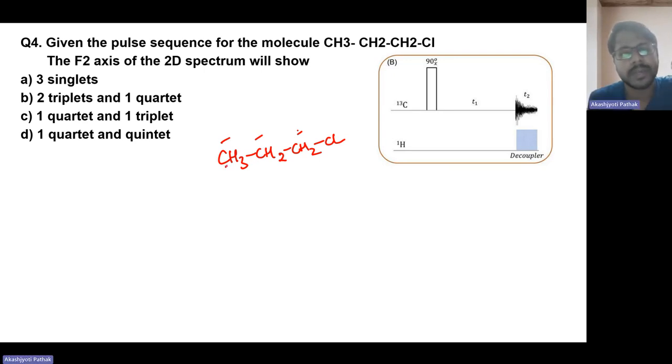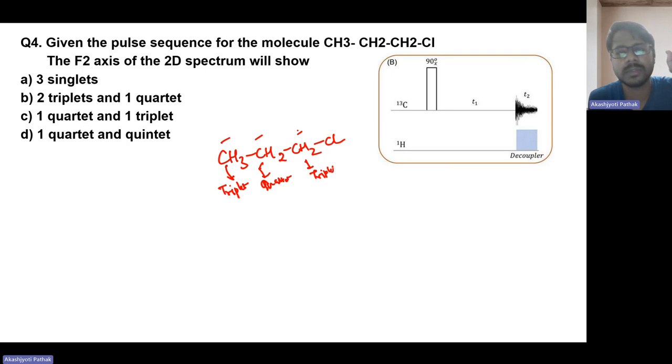So because of this, this one will give a triplet. This one gives us a quartet, and because of this also we had seen this peak splitting. We had seen then CH2 will also have a triplet.